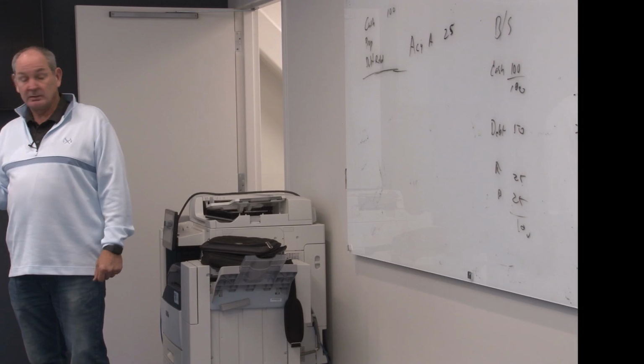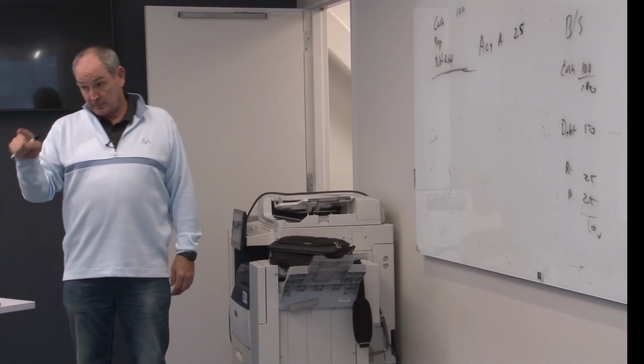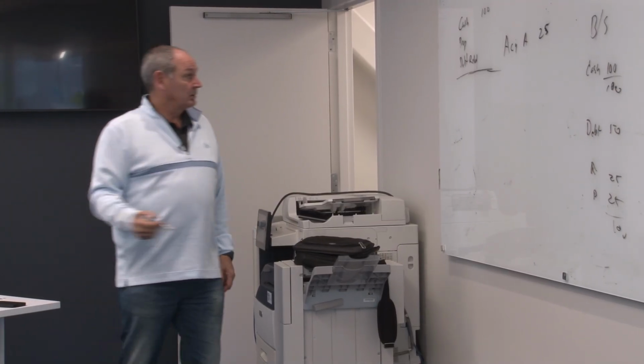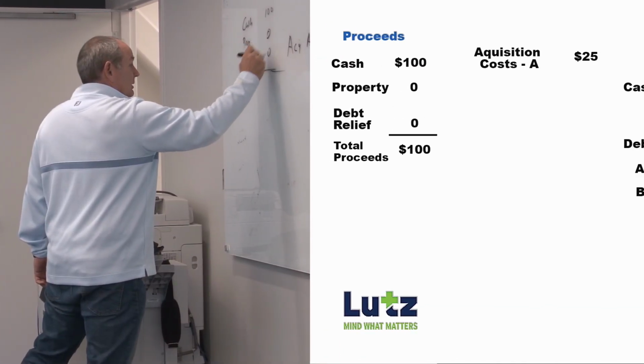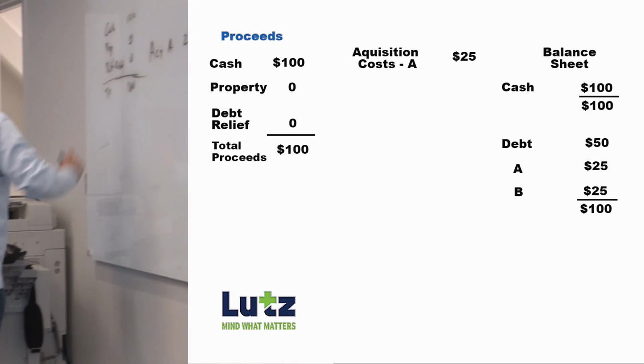How much cash did I say A was selling for? 100. Do I have any debt relief? For purposes of this discussion, I'm going to say no. Do we get any property? So we have 100 total proceeds.